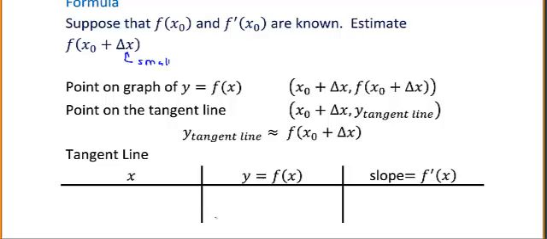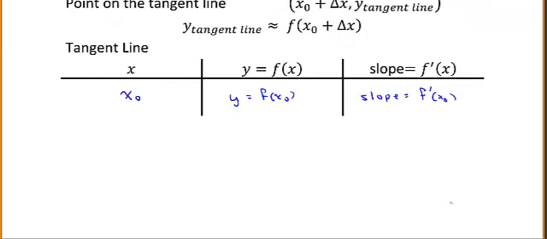All right. So first of all, let's come up with the equation of the tangent line. We'll start at the value for which we know the function and its derivative. We know those, say, at x0. So at that point, the y-coordinate is f of x0, and the slope at that point is f prime of x0. Now from this we can write the equation of the tangent line.